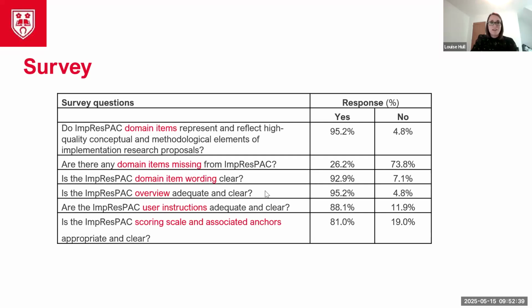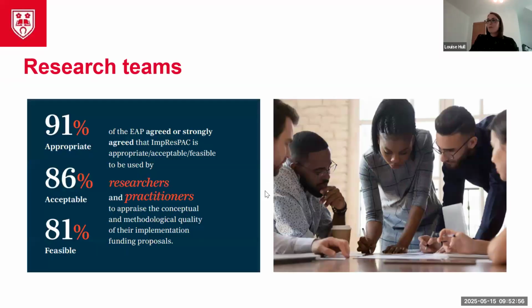Interestingly, we have had feedback that there are a lot of domain items, 71 in total, and nearly a quarter of experts thought some domain items were missing, so potentially they could be included. We also asked the expert panel regarding the appropriateness, acceptability and feasibility of implementing ImpResPAC from different user perspectives.